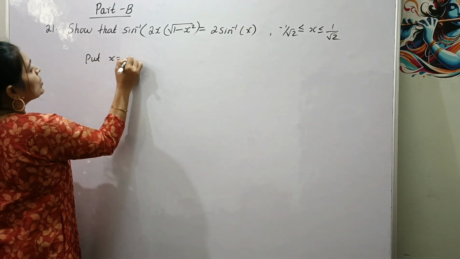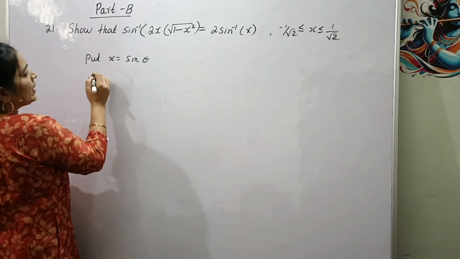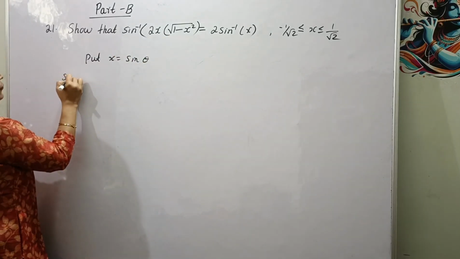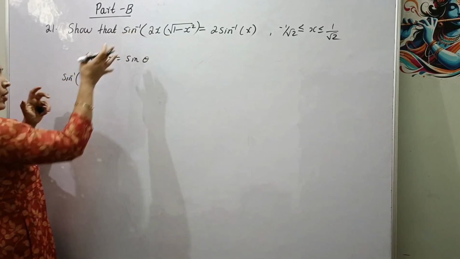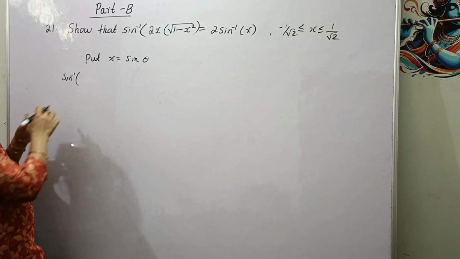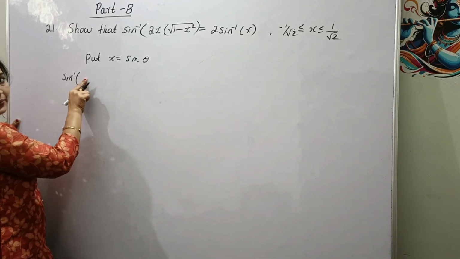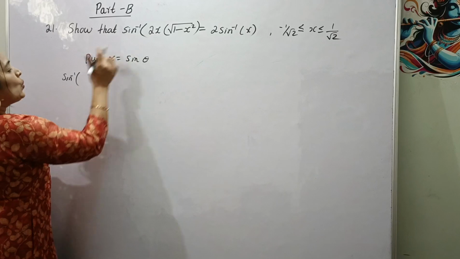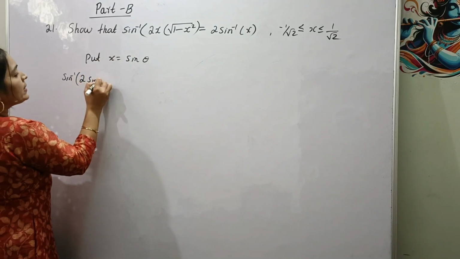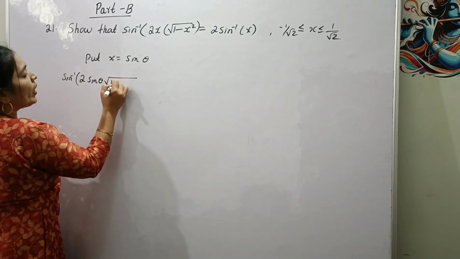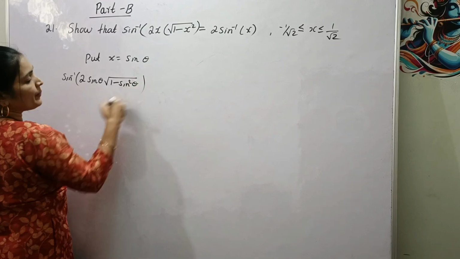Put x is equal to sine theta, then sine inverse of, because here we have to remove this sine inverse, right? So to remove sine inverse we have to bring sine here, right? So here 2 into sine theta root of 1 minus sine square theta.